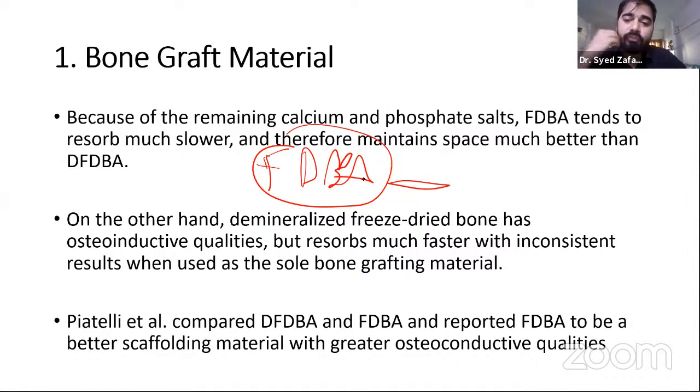Because we already know soft tissue healing occurs much faster as compared to hard tissue. Soft tissue invasion will occur faster if there is a bony defect and the bone resorbs faster. That's why most surgeons recommend FDBA, a frozen-dried bone, which contains mineralized content.